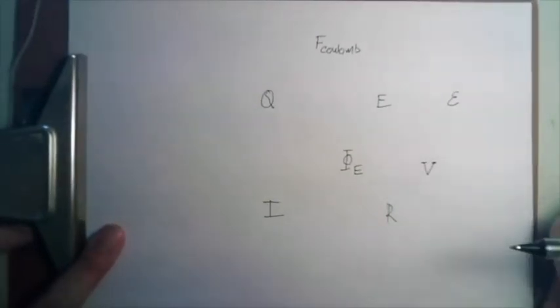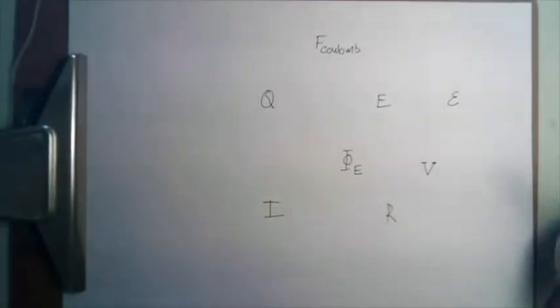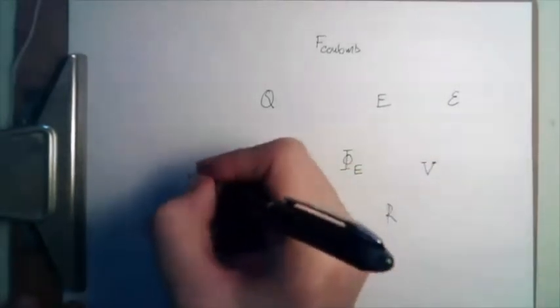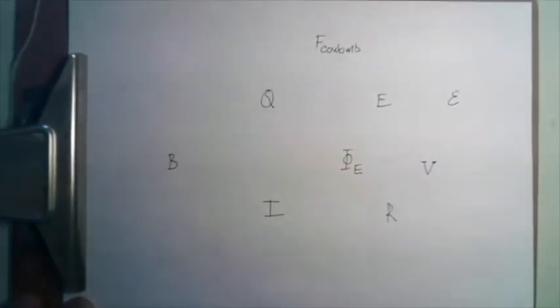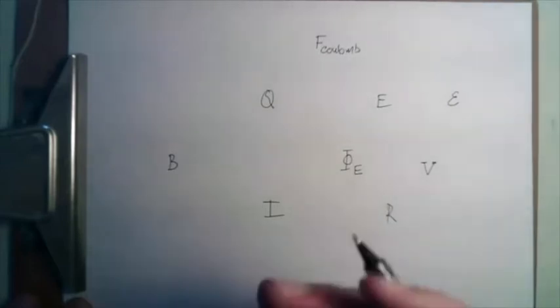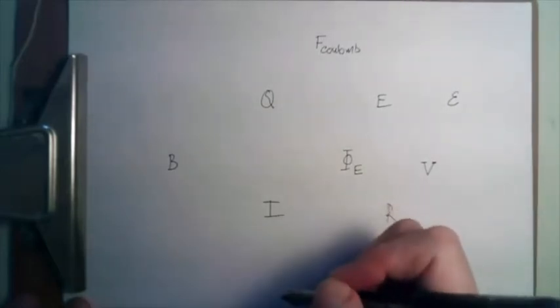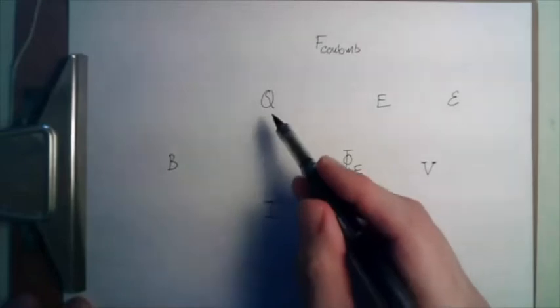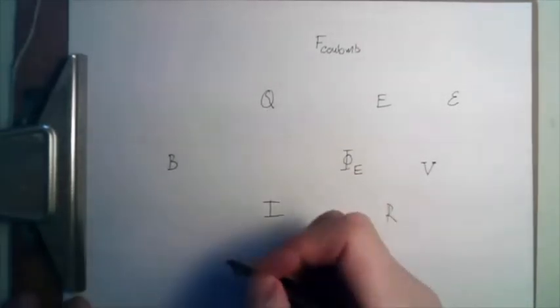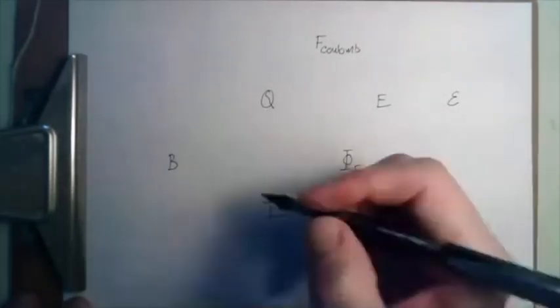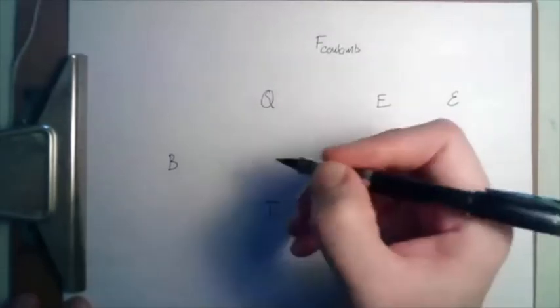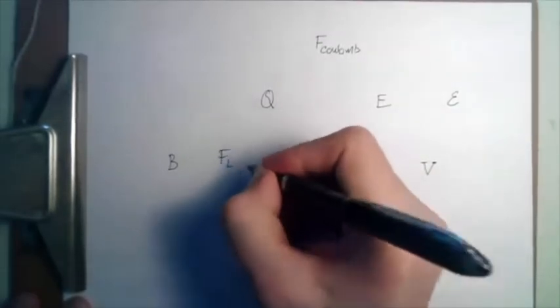Now then we jumped into magnetism, and we said, well, there's this object called a magnetic field, and when a charge is moving through the field, there's a Lorentz force, and let me draw that here, F Lorentz.